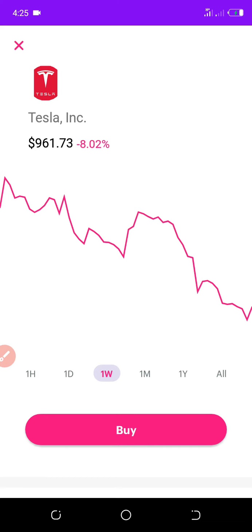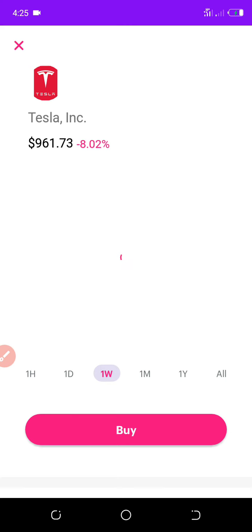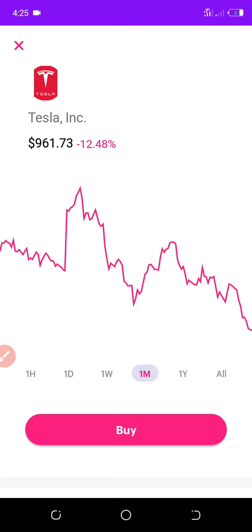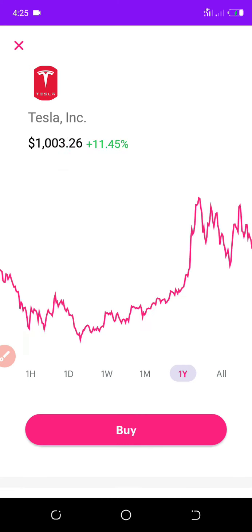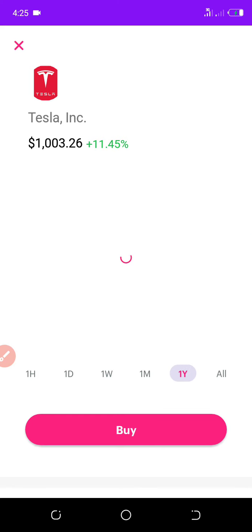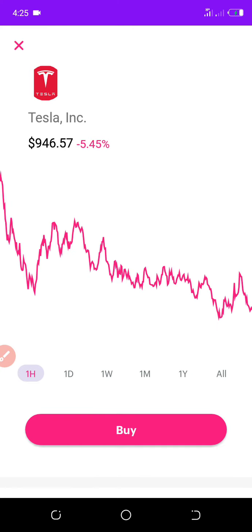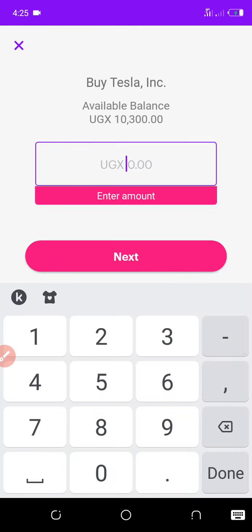As you see now, it's coming up. Since now it's negative 5. 1 month ago it was negative 12. 1 year, that's a profit, I think. Yes, positive 11. So let's buy this stock, so that when it moves up, we shall find ourselves there.